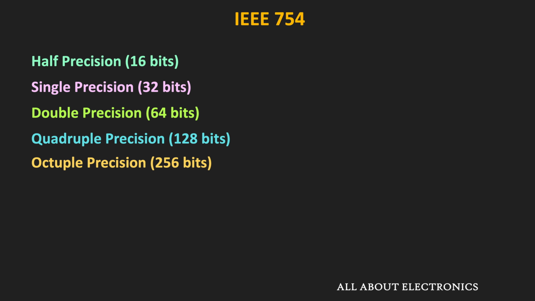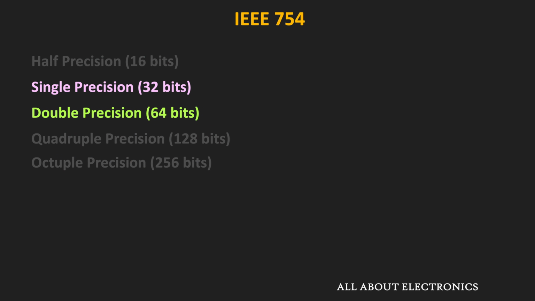Likewise, in the double precision format, 64 bits are used. And the floating point number can also be represented in 128 or 256 bits. Out of these 5 different formats, single precision and double precision are the commonly used formats, and in this video also, we will talk about these two formats.